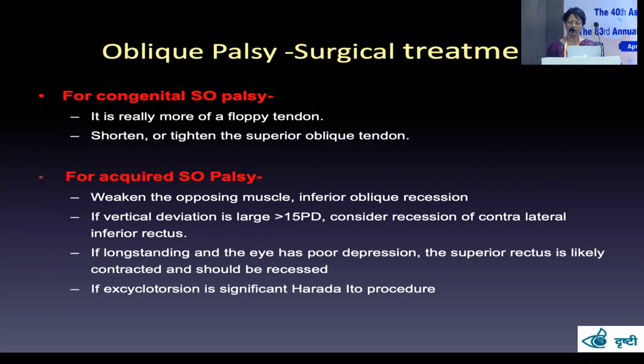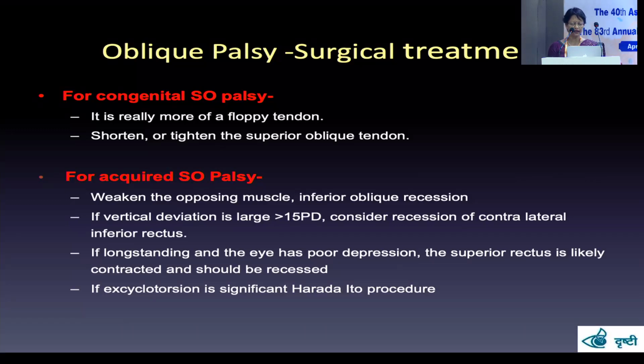In cases of congenital palsy, it is more commonly a floppy tendon, so primarily we shorten or tighten the superior oblique tendon, whereas in acquired superior oblique palsy, the most common procedure is recessing the opposing muscle, that is the inferior oblique recession.